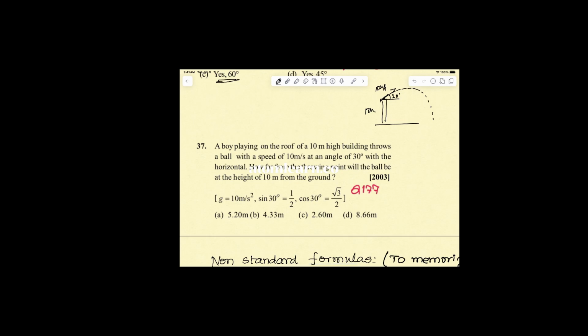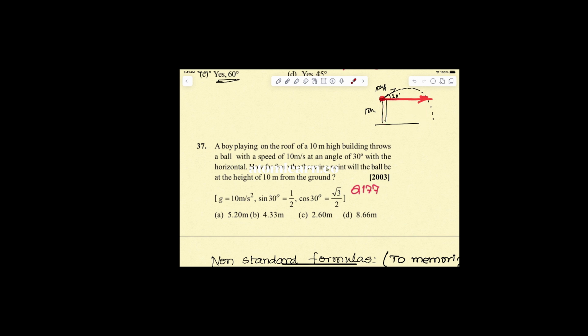Then how far from the throwing point? Now the throwing point is here. From this point, how far from the throwing point will the ball be at a height of 10 meters from the ground? That means when it is like this, it is 10 meters, meaning it is now the same height. They are asking how far this point is from this point.